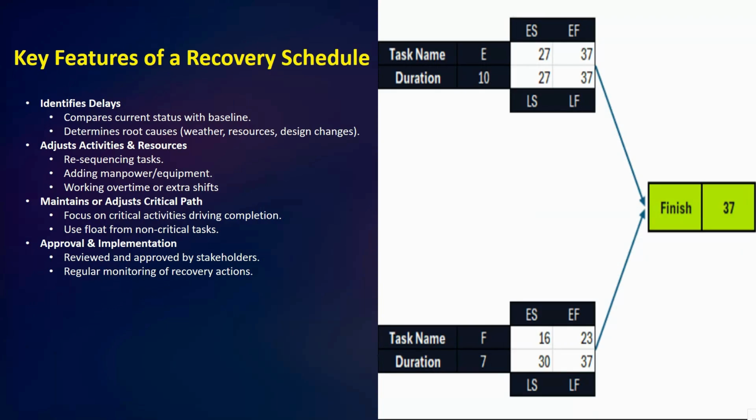It must be revised and agreed upon by stakeholders, and once applied, it needs close monitoring to ensure recovery actions are effective. Okay, so in short, these key features make the recovery schedule a practical and powerful tool for getting projects back on track. Okay, so I hope the key features of a recovery schedule are clear.